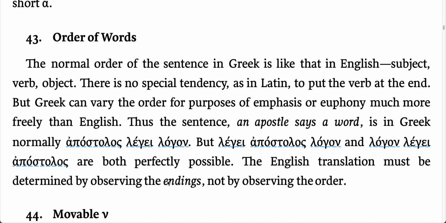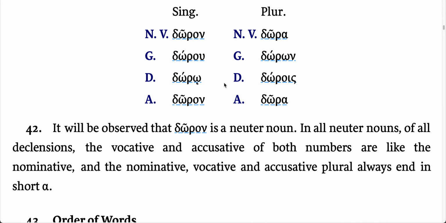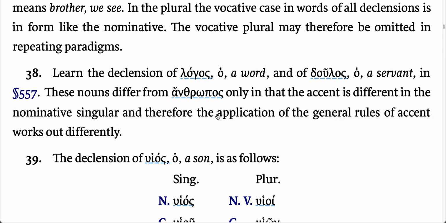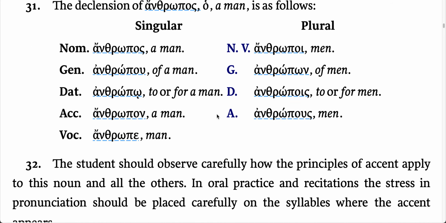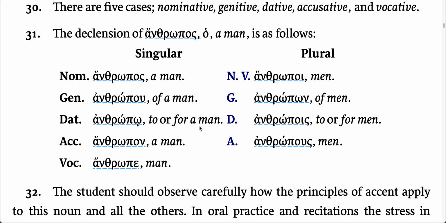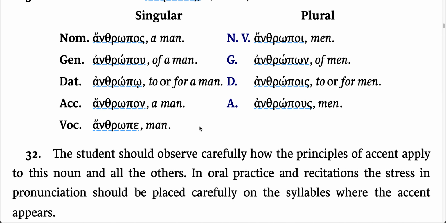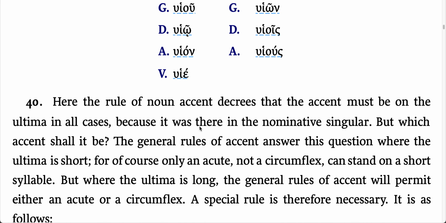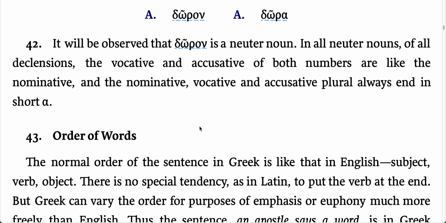So the English translation must be determined by observing the endings. Not by observing the order, by observing the endings of the words. That's why it's important you learn these paradigms. That's why you learn them, you memorize them, okay? And you know the gender of the word by looking at the article. So you've got to learn these things.